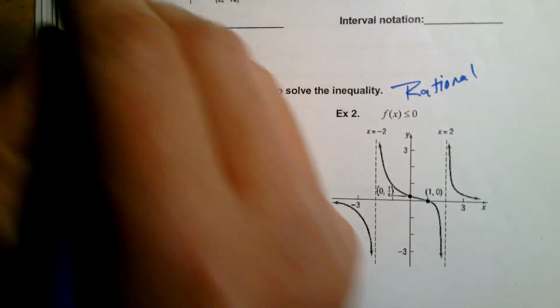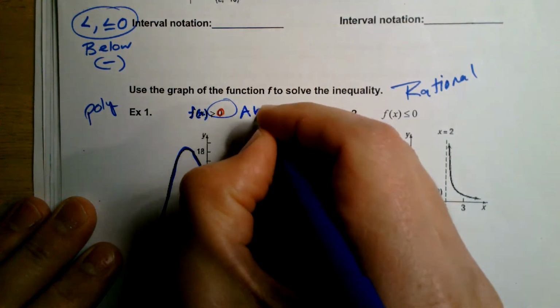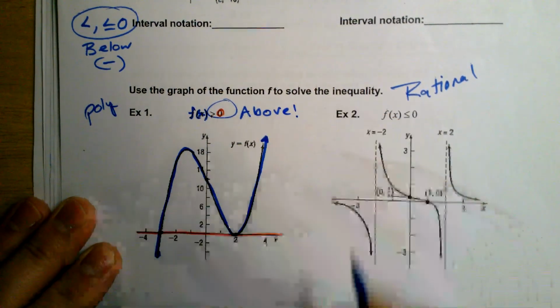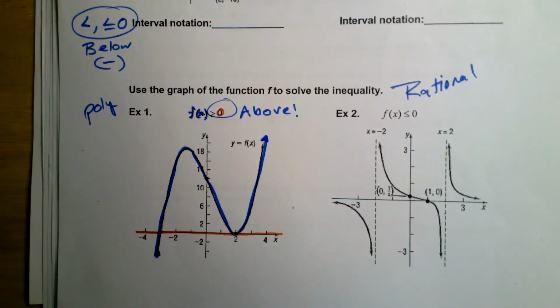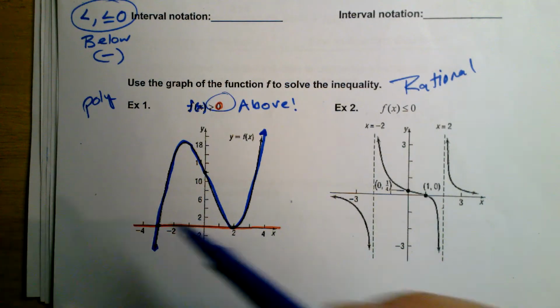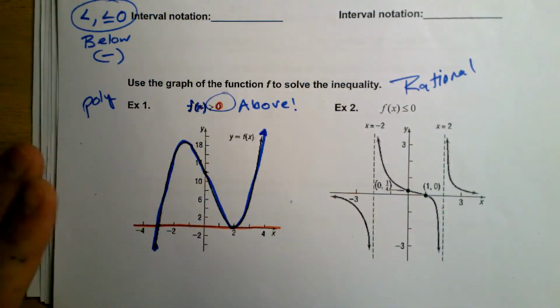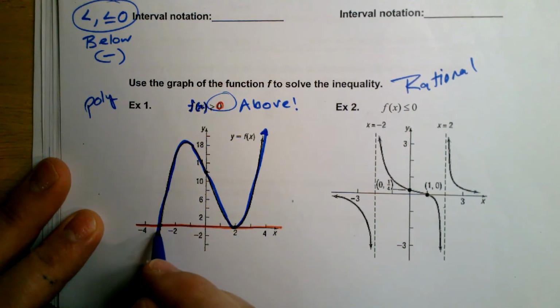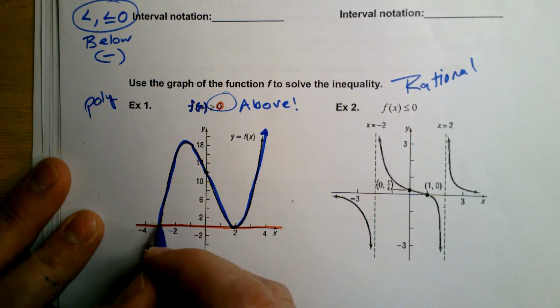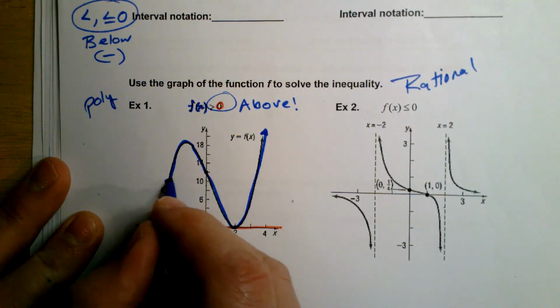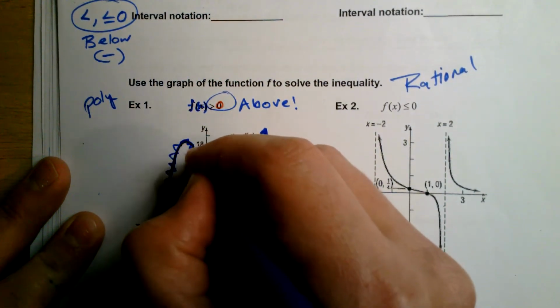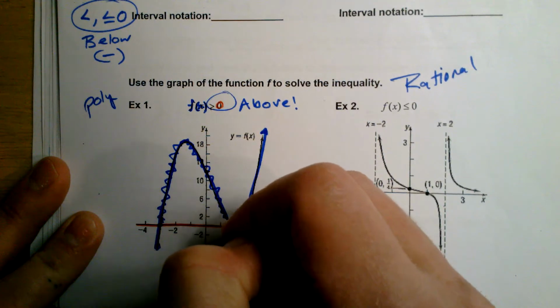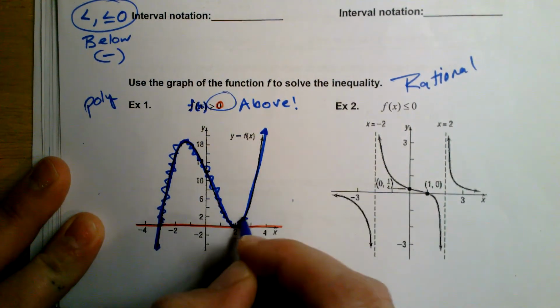And we just talked about where it's greater than 0 is where it's above the x-axis. So basically what I'm going to do is follow my graph and highlight where it's above. So I start, it's below the red line, the x-axis, below, on, above, it's above, and then on, and then above.